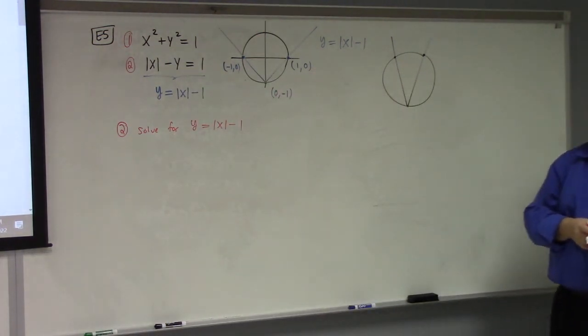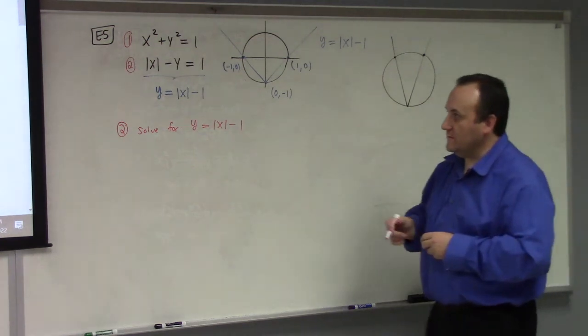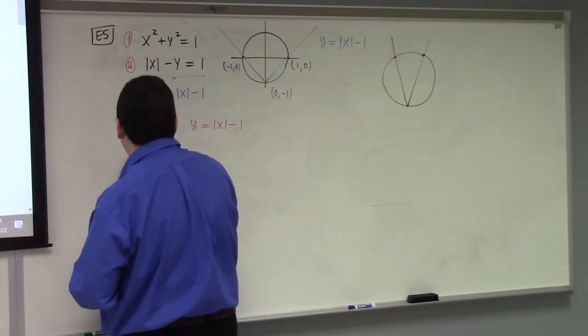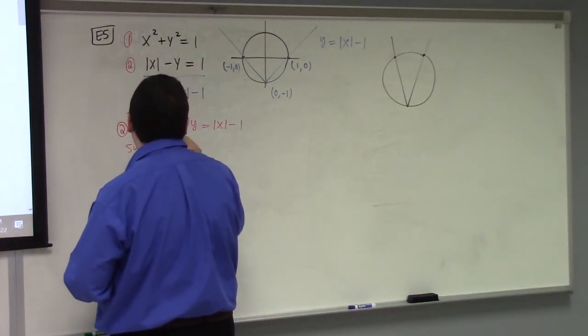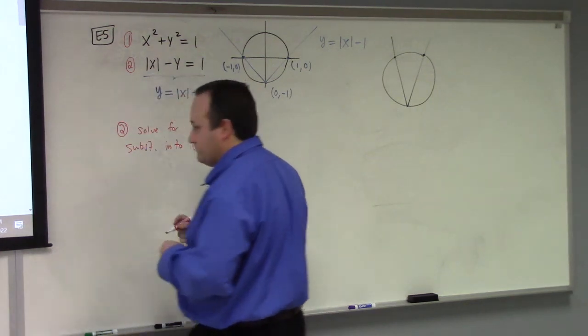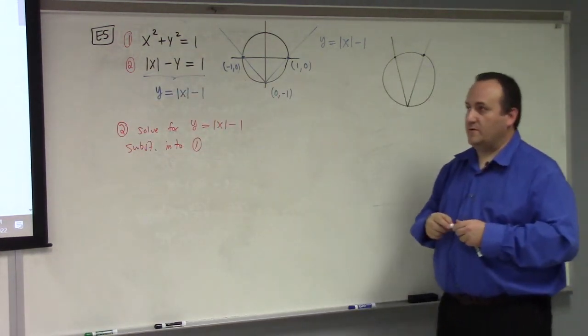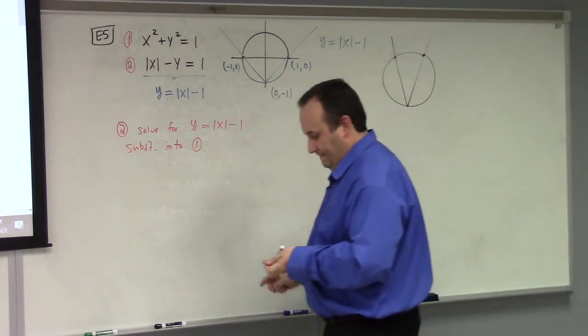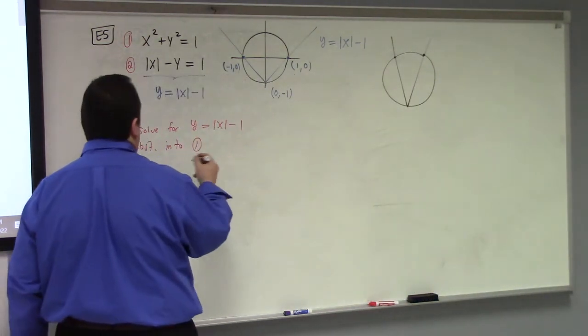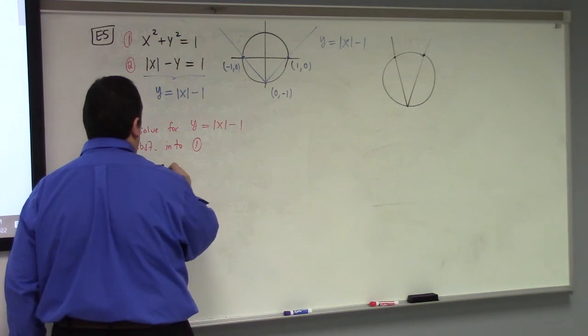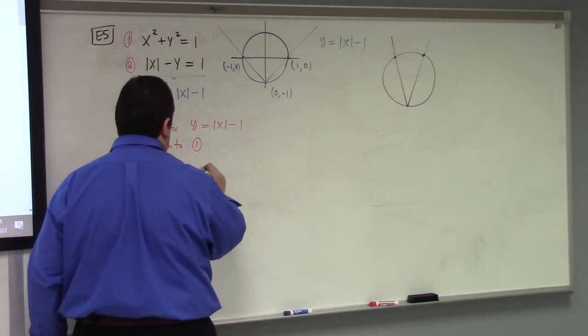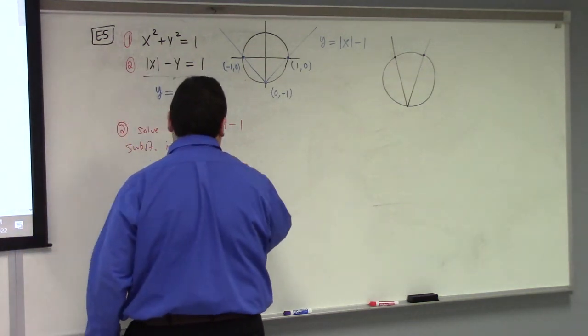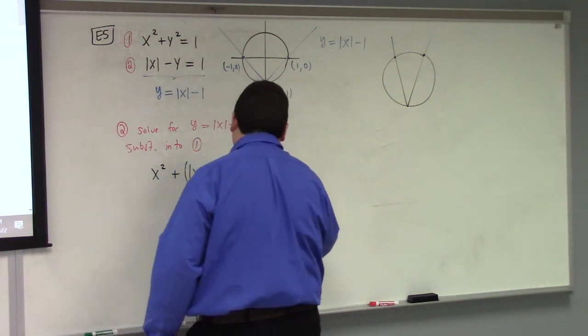Solve for y, and then substitute that into 1. Because if we do that, then what happens? We get x squared plus the absolute value of x minus 1 quantity squared equals 1.